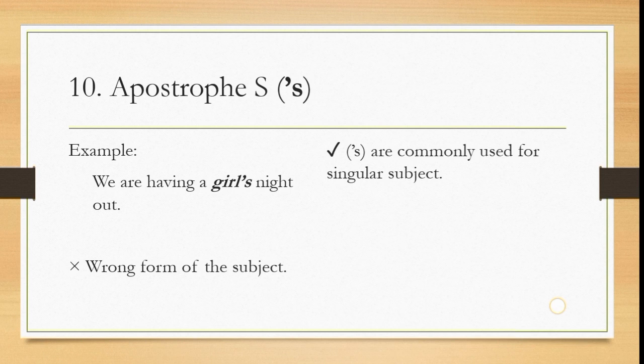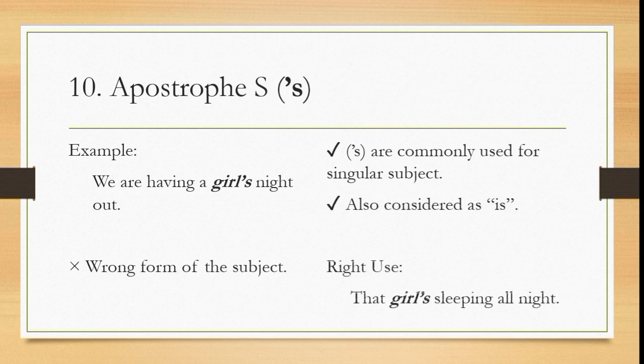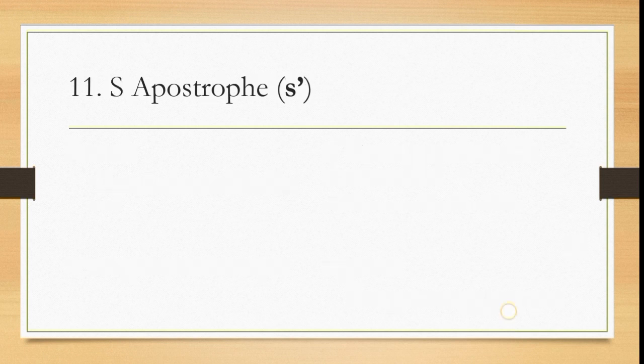If the pronoun is plural, it is supposed to be understandable that the antecedent should be plural as well. However, apostrophe S is commonly used for singular objects. It is understandable that the girl here is actually singular, and that is wrong. The correct usage is girls' sleeping all night.